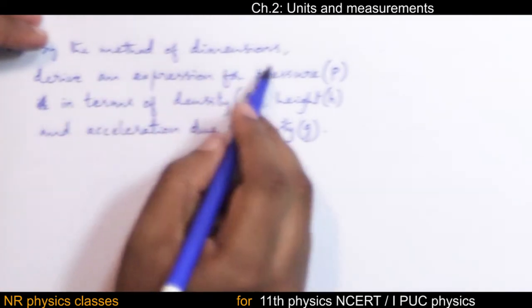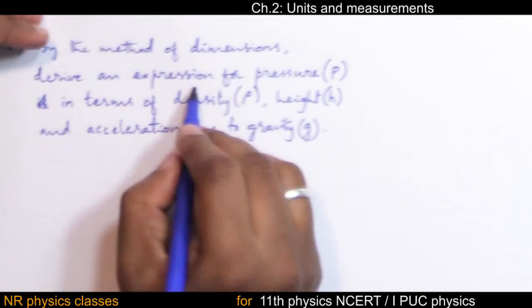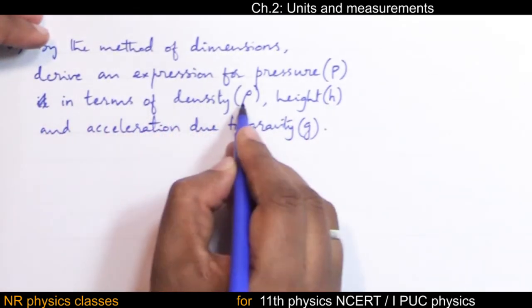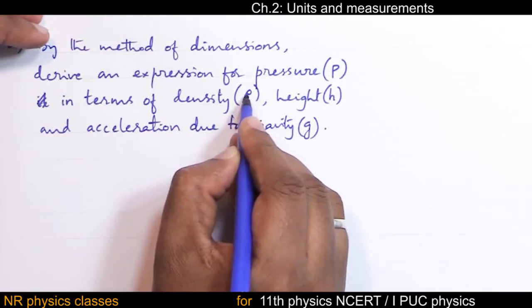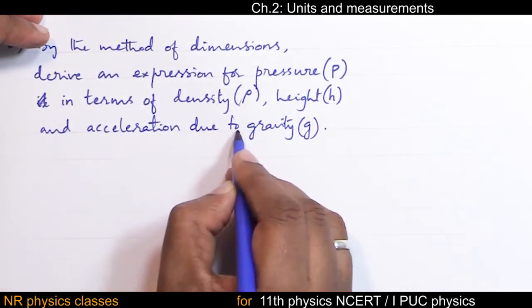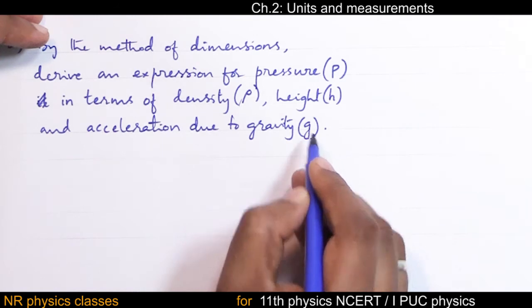By the method of dimensions, derive an expression for pressure P in terms of density rho, height h, and acceleration due to gravity g.